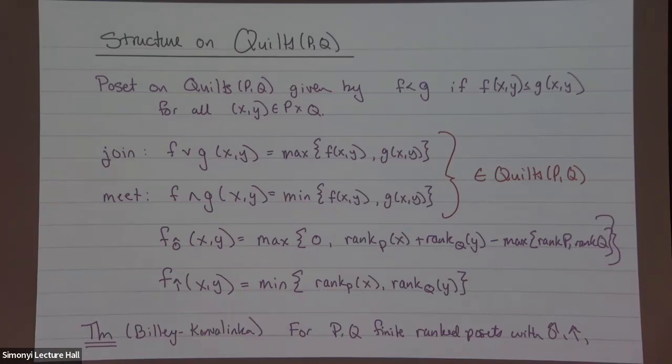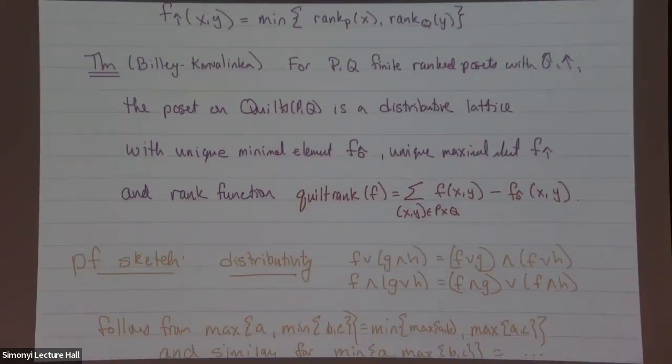And then we're starting here now with the results in this paper. This is with Matthew Kompolenka. We summarize this in a theorem. For every pair of finite ranked posets P and Q with a minimal and maximal element, this poset on the quilts is a distributive lattice, has a unique minimal element, a unique maximal element, and you can even say what the rank function is.